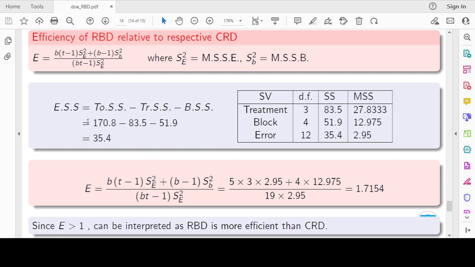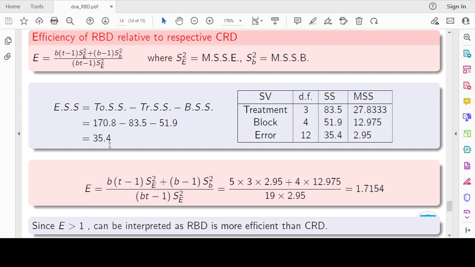To find the efficiency of RBD relative to the respective CRD, it is given by E, we call it the efficiency, equal to B into T minus 1 into SE square plus B minus 1 into SB square, divided by BT into B into T minus 1 into SE square, where SE square and SB square are the mean sum of squares due to error and due to block.